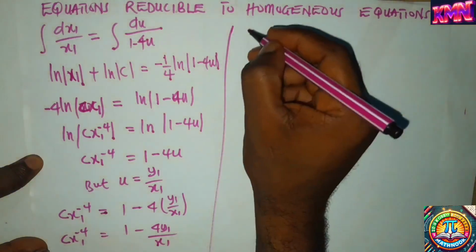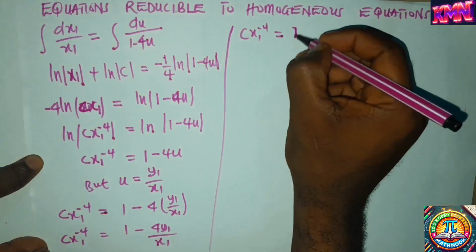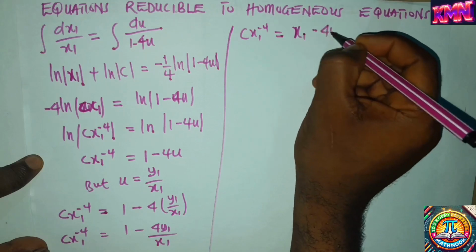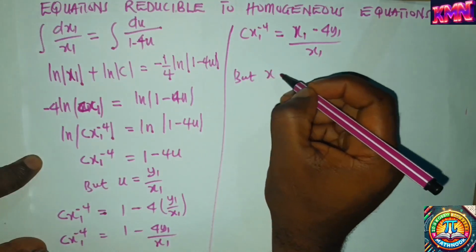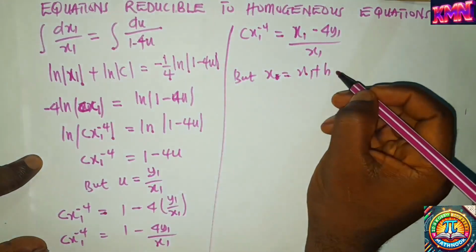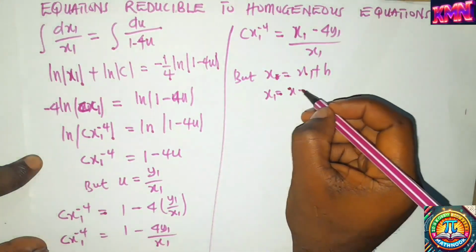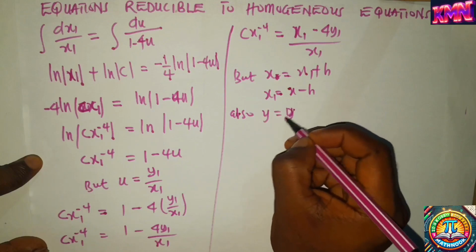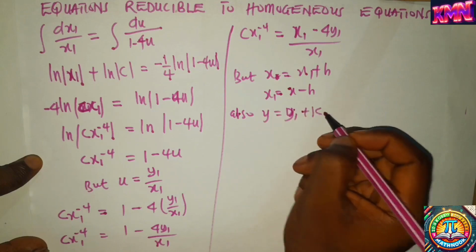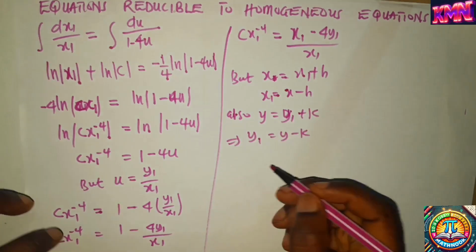Simplifying this side, but we shouldn't forget that we stated that x is equal to x1 plus h, of which when we find the x1, we are going to get x1 is equal to x minus h. Also, y equals y1 plus k, which implies that y1 is equal to y minus k.